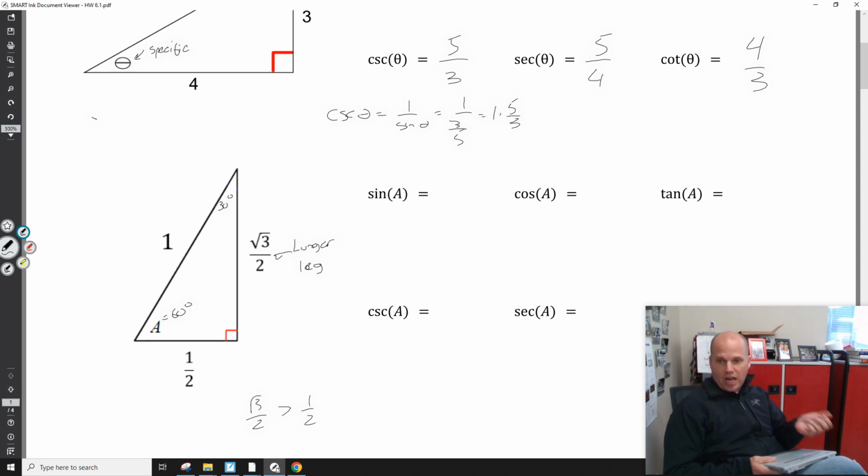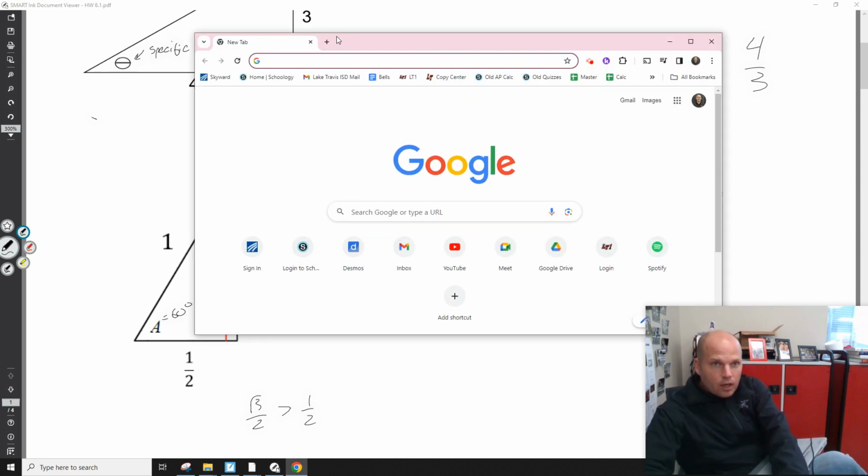Okay, so sine of A is really just asking what the sine of 60 degrees is. So this is the idea where I didn't know what this angle was. I could have looked it up actually really quickly.